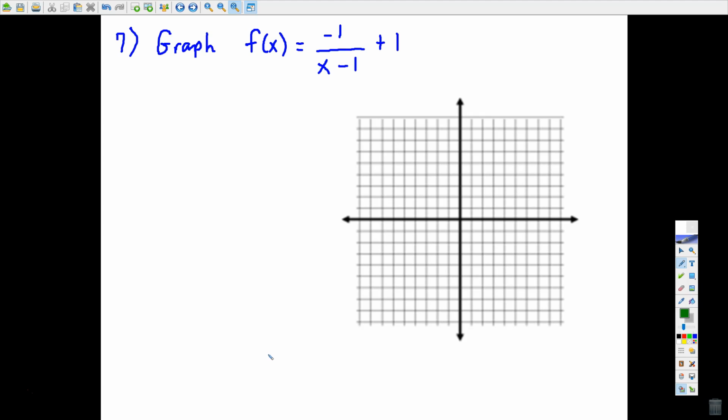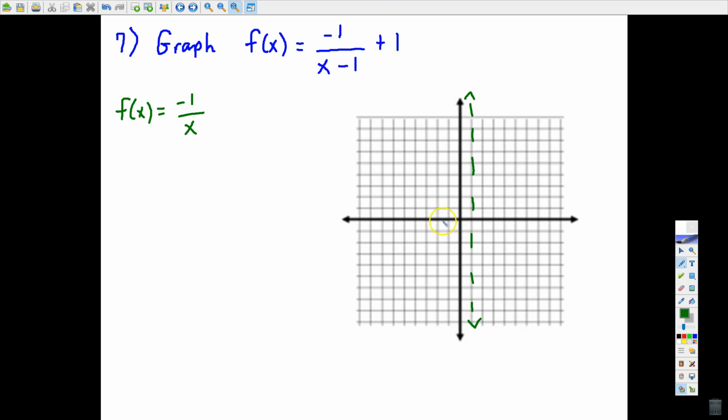So the way we did this in lesson 7.3, if you want to go back and review your notes, is we said that it's really the translation of a parent, and the parent in this case would be f of x equals negative 1 over x, but it's the parent that has been shifted one place to the right, so that's going to represent a vertical asymptote, x equals 1, and it's also being shifted one place up.